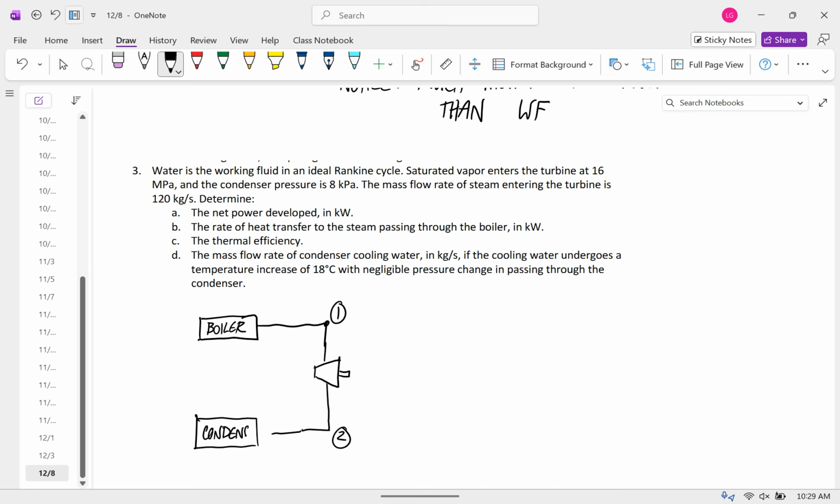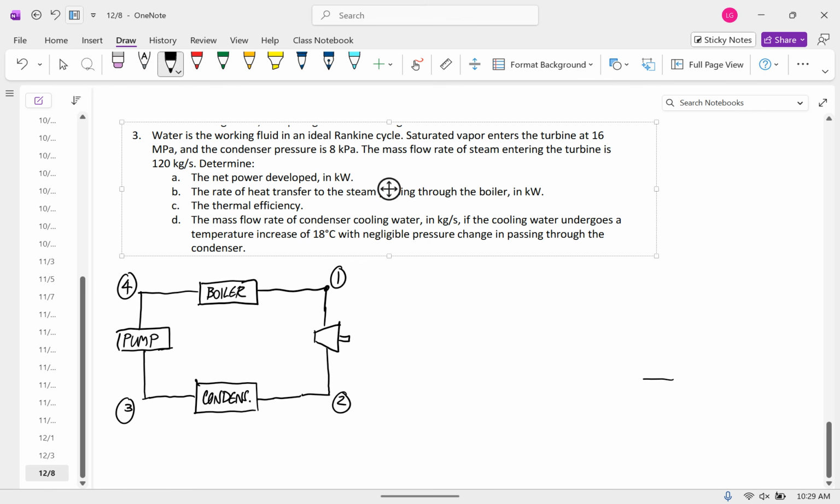And notice for the start, we're not thinking about the cooling water at all. We're just thinking about the working fluid. Later on, you can think about the cooling water if it asks for it. And then here we have the pump. And that's state 3 to state 4.